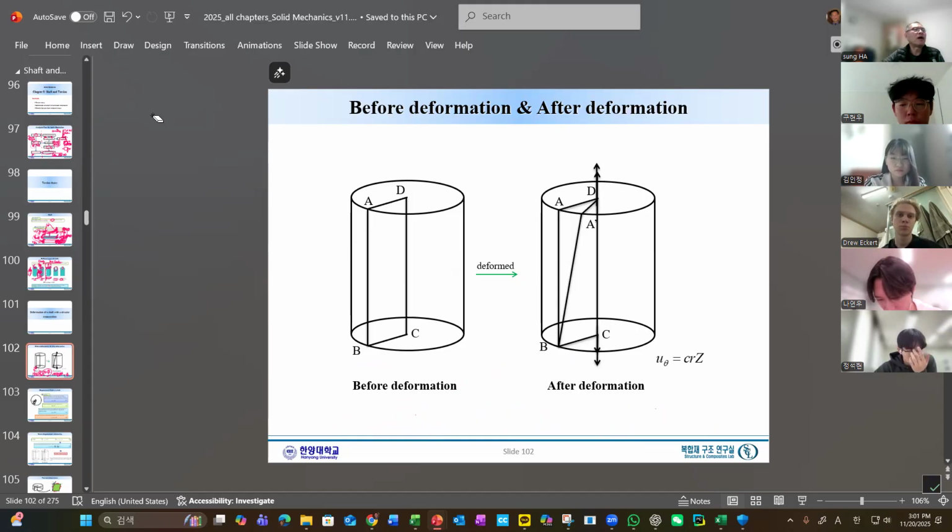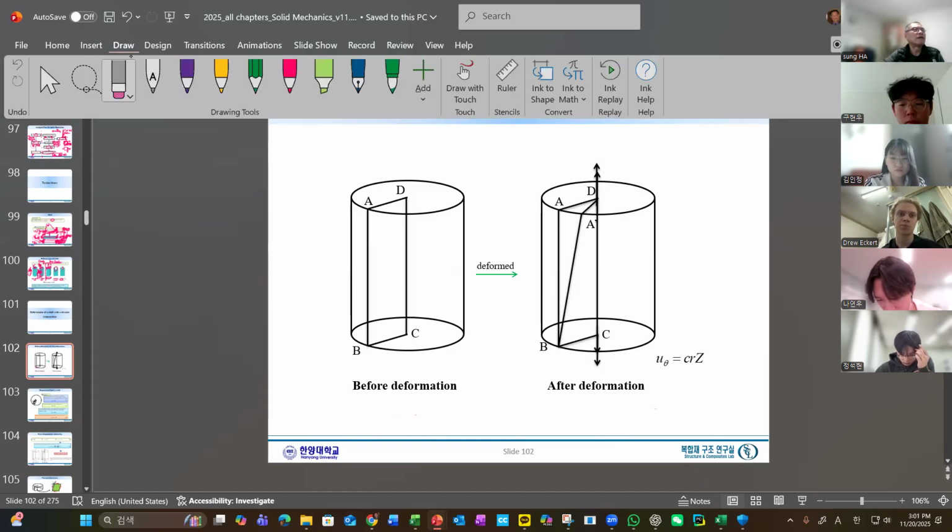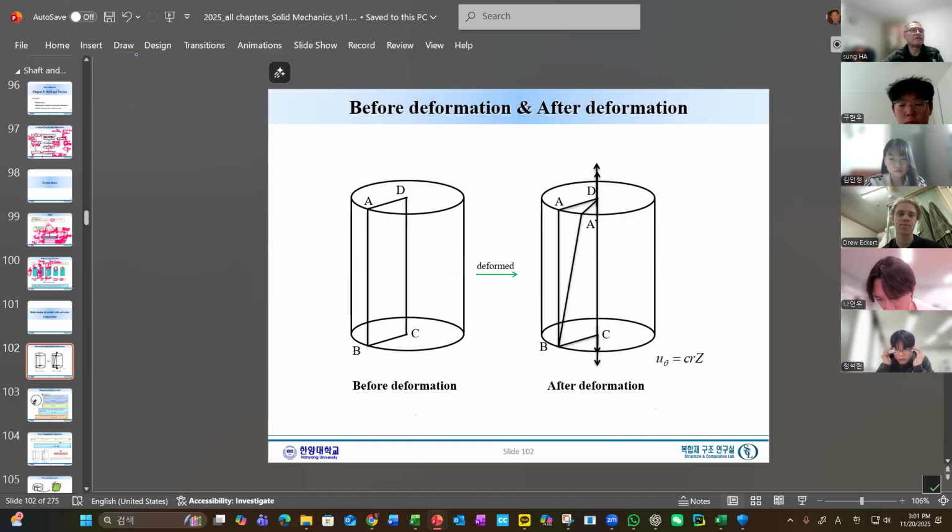You may wonder why we start with deformation. In structural analysis and understanding, we always try to understand the deformation first. So let's say we have this long bar, a long shaft like this, under torsion. We'd like to pay attention to a small portion of the shaft.